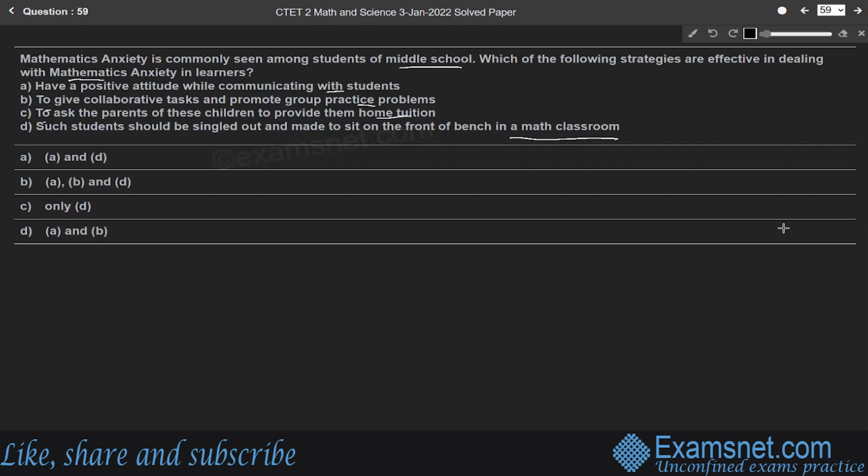Here the correct answer is, to avoid mathematics anxiety, have a positive attitude while communicating with students, and give collaborative tasks and promote group practice problems. So these two are effective approaches. Hence options A and B are right.